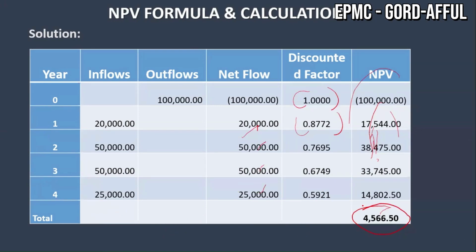But if you have other projects and one of them is giving you positive NPV, it means that you have good value, that the monies you are likely to receive in the future are worth it. If you bring them back to the present value, you're still getting something worthwhile. So that's a green light.